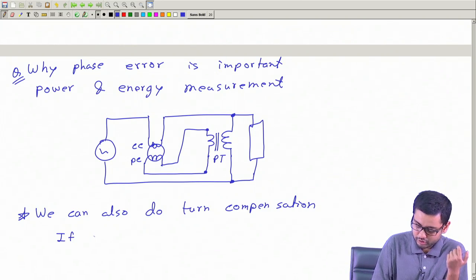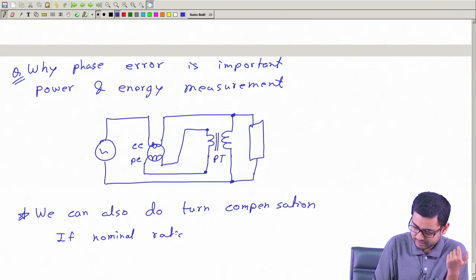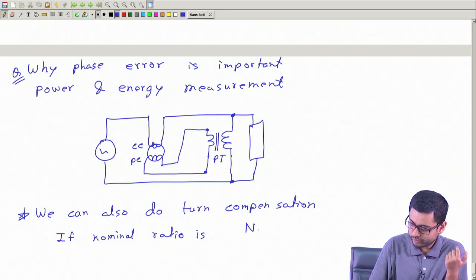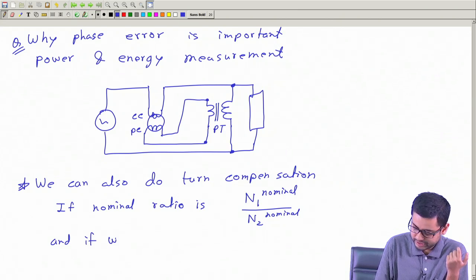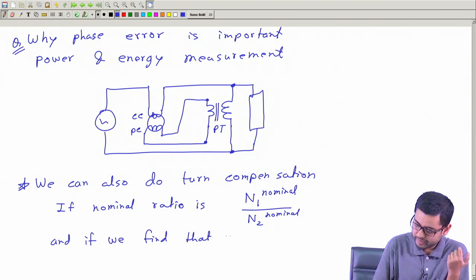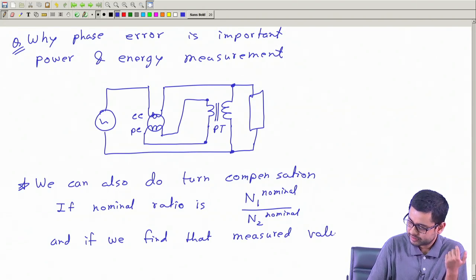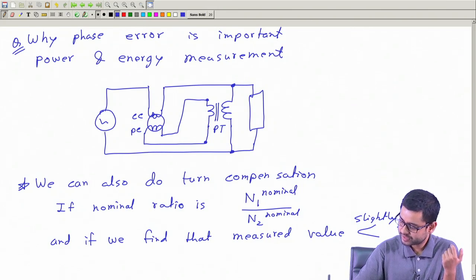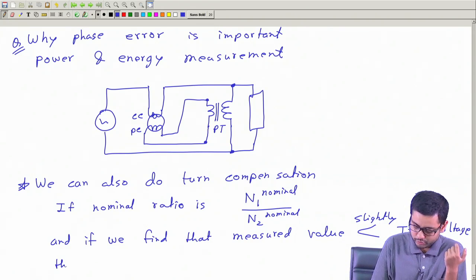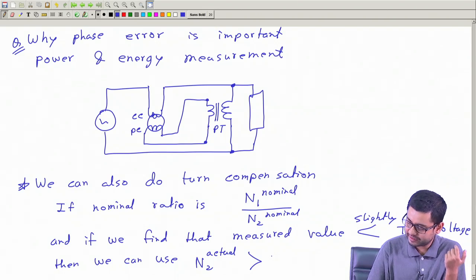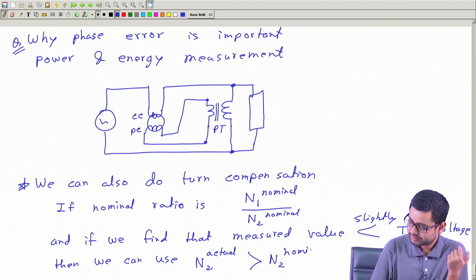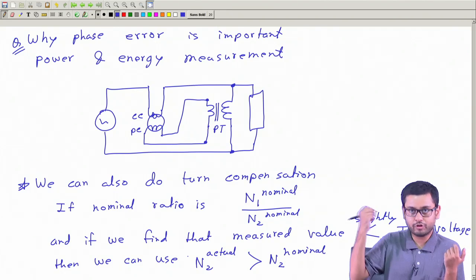If the nominal ratio is N1 nominal by N2 nominal, and we find that the measured value is slightly less than the actual true voltage, then we can use N2 actual to be slightly greater than N2 nominal. Then the secondary voltage will increase.